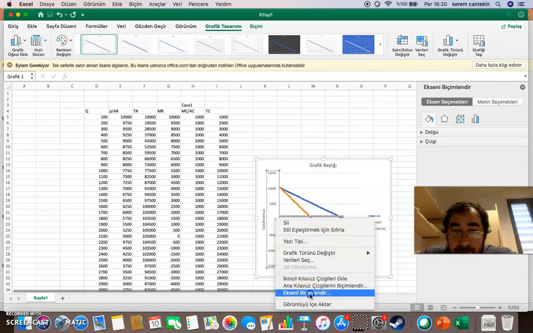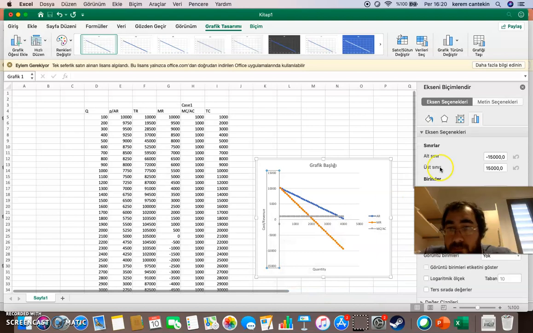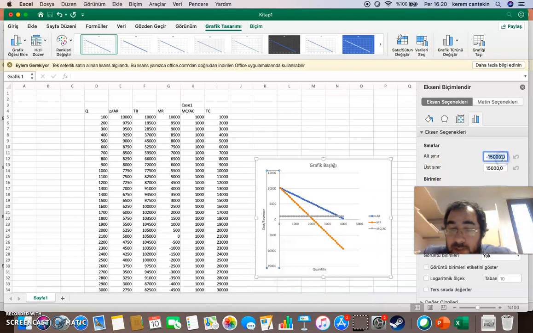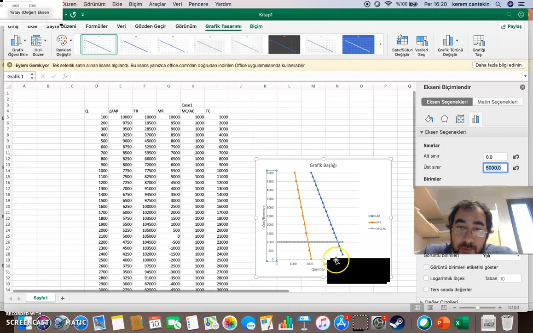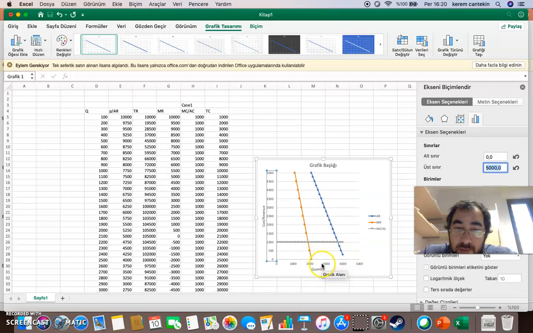Okay, let's take this 0 and let's take this 5,000. And you can also do the same thing here, 1,000 to 3,000, and you can see the actual intersection point here, if you zoom in there.